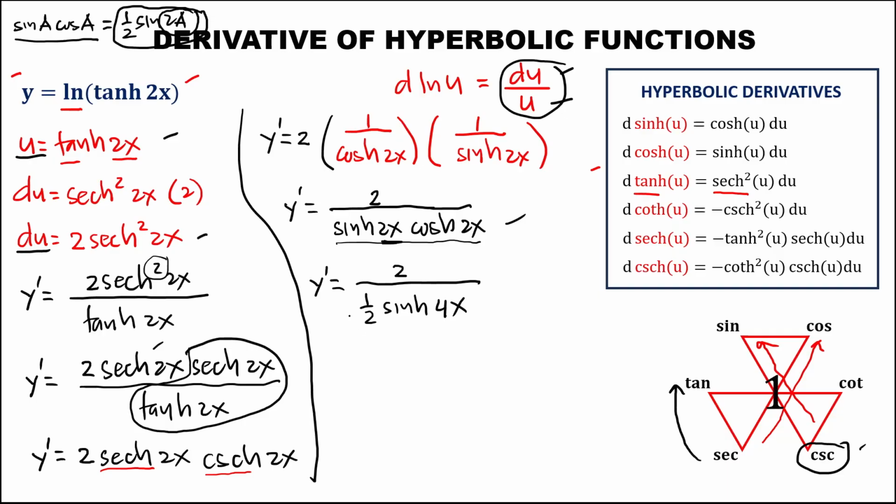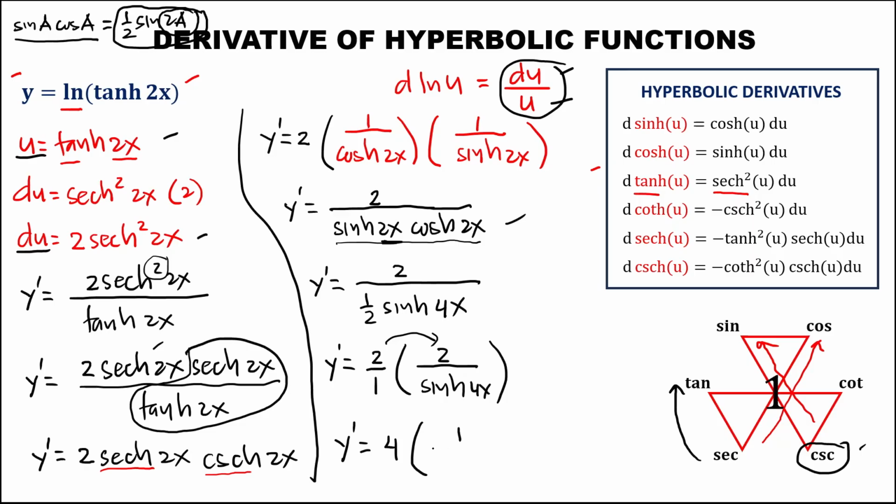Then we can take the reciprocal of this 1/2. So this becomes 2 over 1, times 2, over the hyperbolic sine 4x. Then y prime equals, multiplying, this becomes 4 times 1 over the hyperbolic sine 4x.